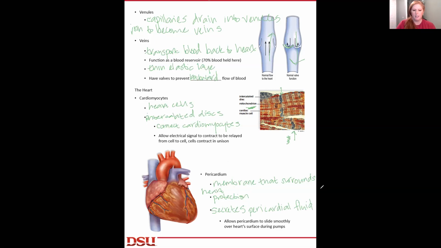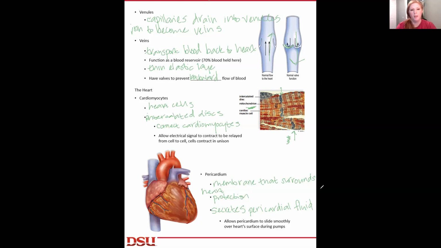Its other cool function, actually, I guess it's more the pericardial fluid's other cool function, is to reduce friction. It allows the pericardium to slide over the heart without rubbing against it when your heart beats.